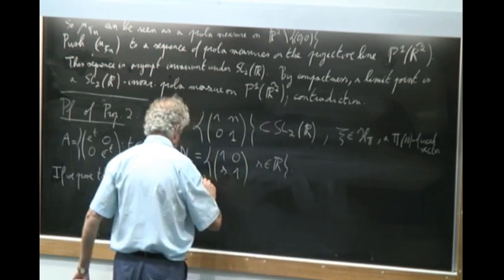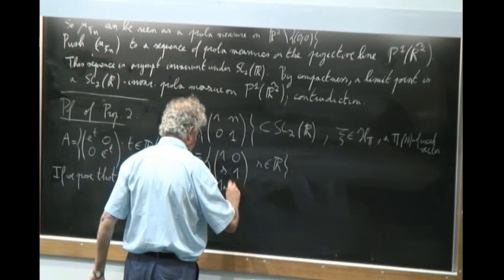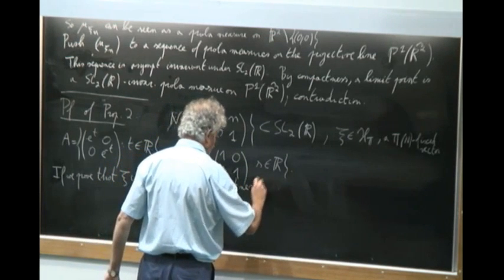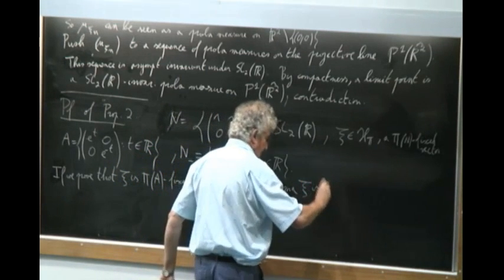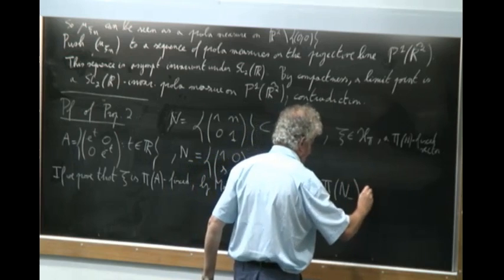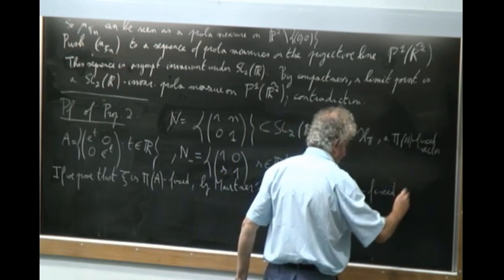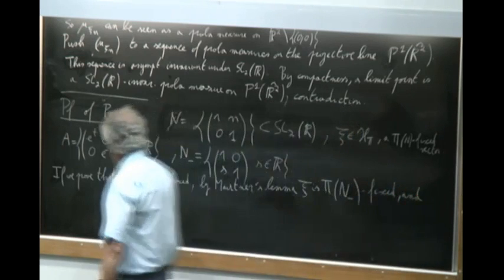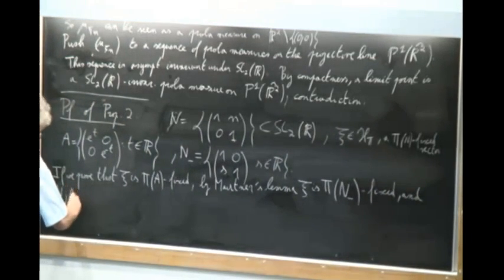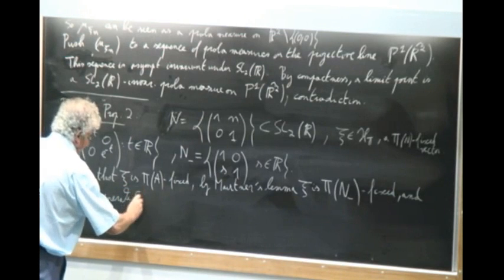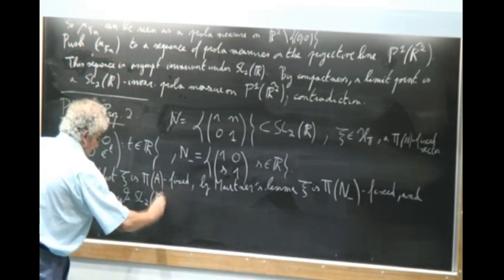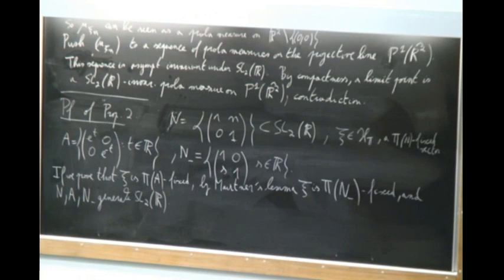So by Mortner's lemma, psi is pi of n minus fixed, and together n, a, and n minus generate SL2R. Okay, so we really have to show that psi is A fixed.